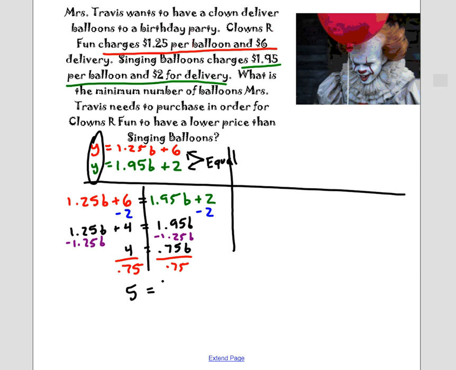So 5 balloons is when Clowns Are Fun would be cheaper. So we would say at 5 balloons.